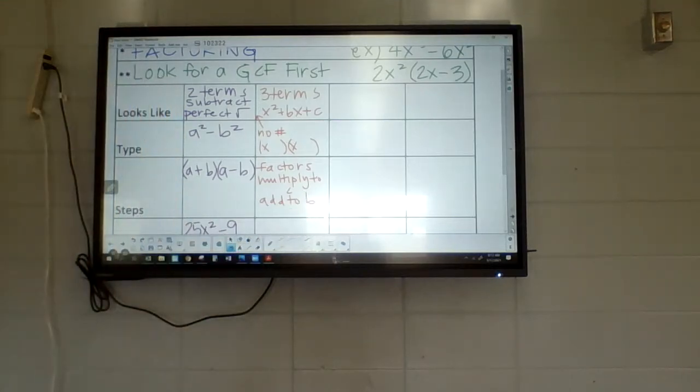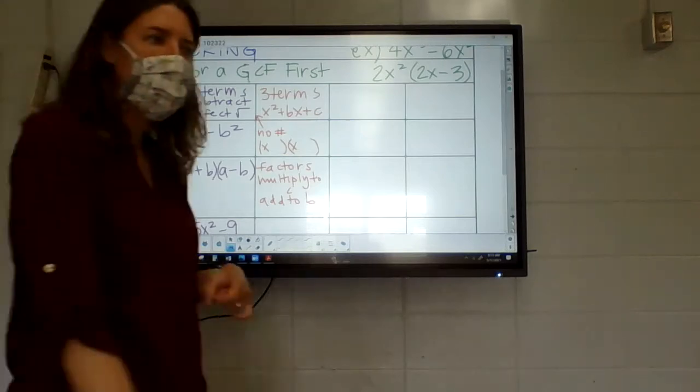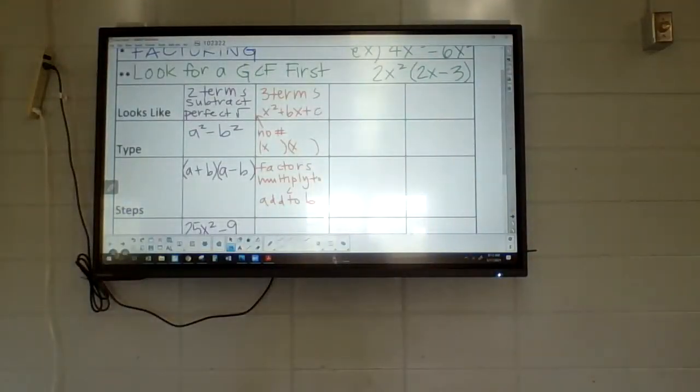So it says multiply to c, add to b. So there's no number in front of that x squared. That's how you know you're using this type.